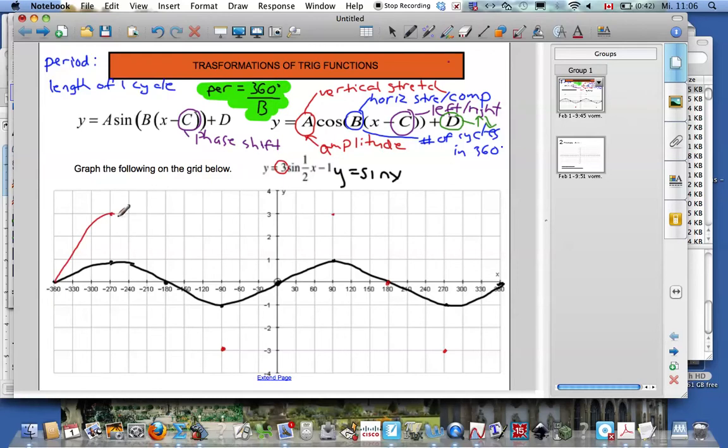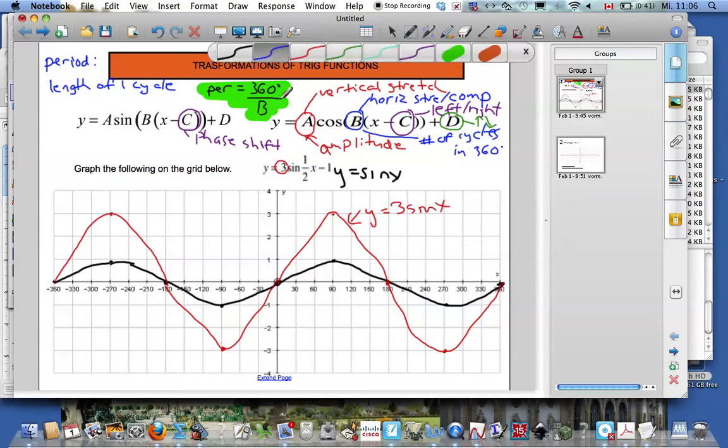There we go. My writing with this board is not very schön. Hopefully your graphs will be better. I've just graphed the first one, so the equation of this right now would be 3 sine x because we've just applied the amplitude.